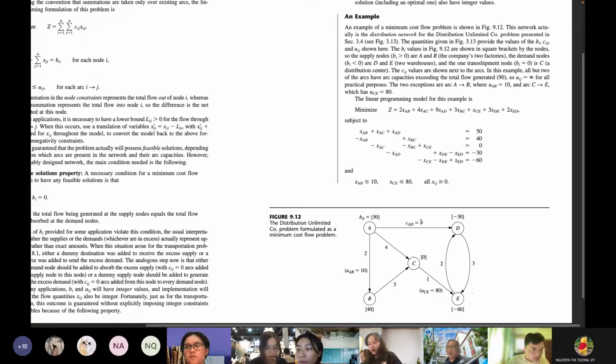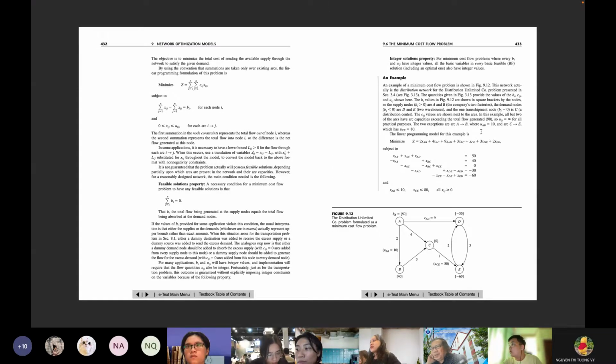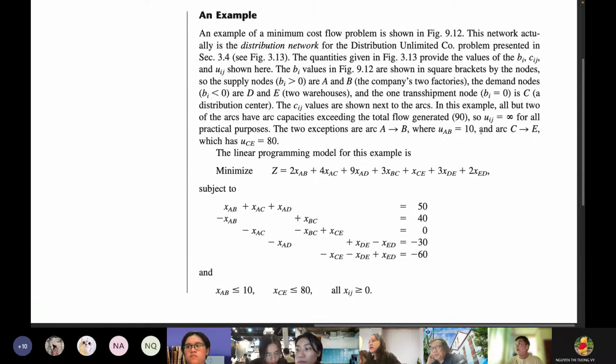Okay, let me share your screen, your slides, and then I tell you. Okay? Do you have anything to say right now? Here is the problem we are given.